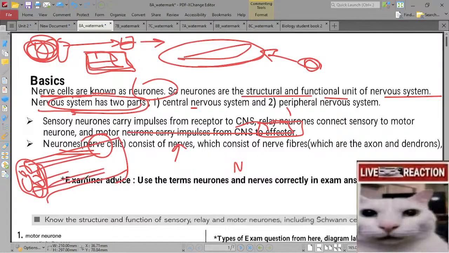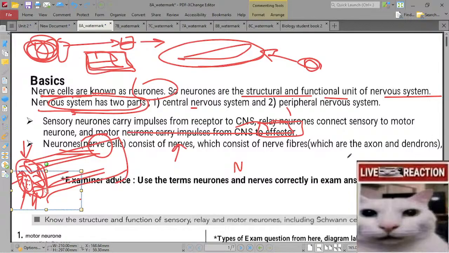So let's say this is one nerve cell. It consists of nerves, each of which consists of many nerve fibers. Okay? It's pretty much it.